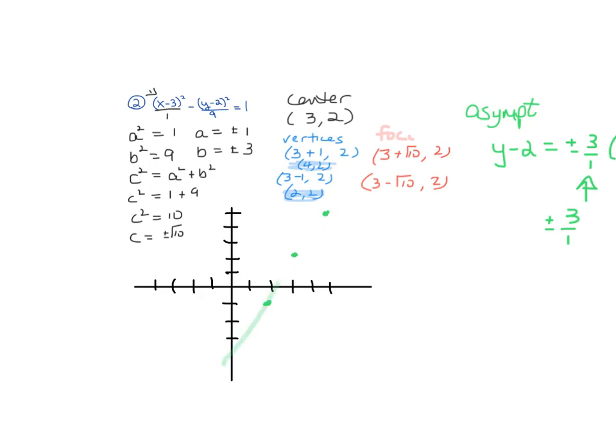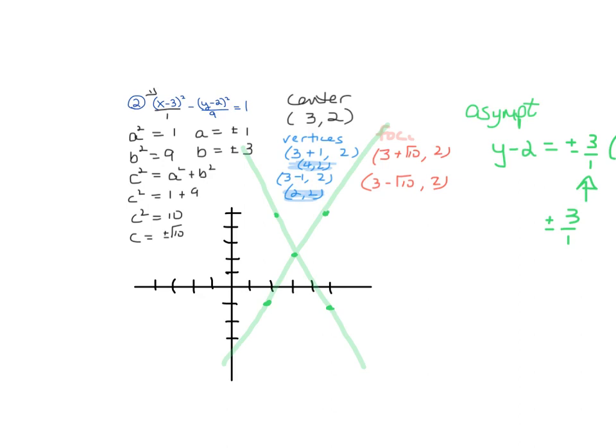This is my first asymptote. And now I can do the negative 3 over 1. So go down 3. And again, connect your points. Here are your asymptotes. Again, if you want to make a box around it, you can.